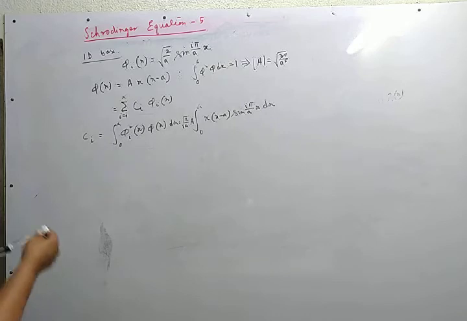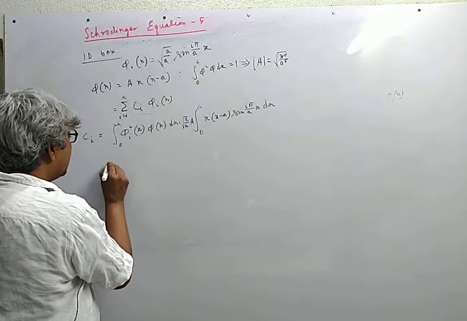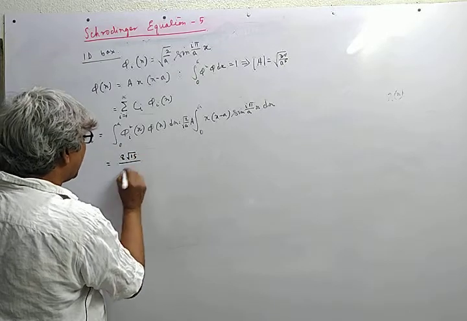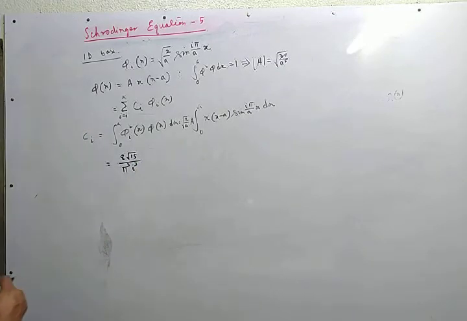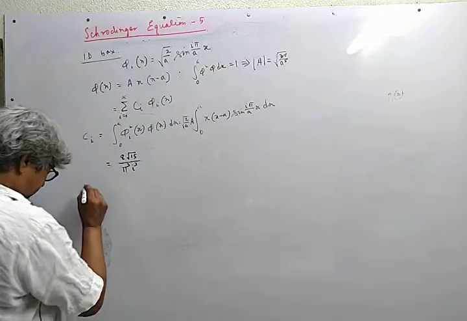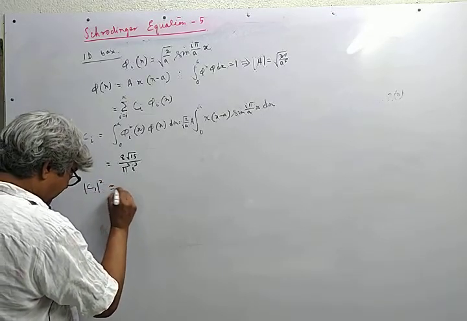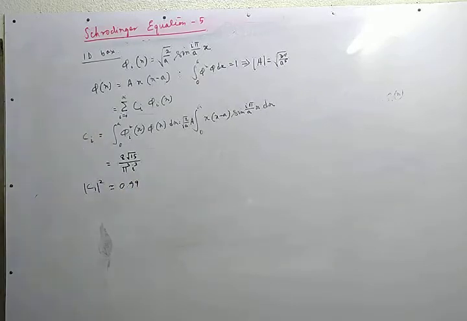We may evaluate this Fourier integral first and the result comes out to be 8 upon root 15 by pi cube i cube. It is found that in this particular case C1 modulus square is 0.99. So that says that there is a 99% probability of finding the particle in the state 1.